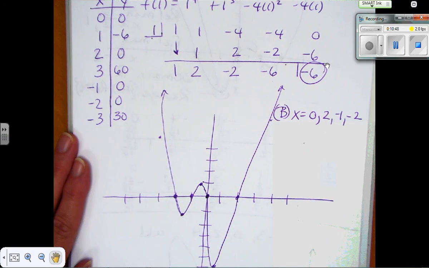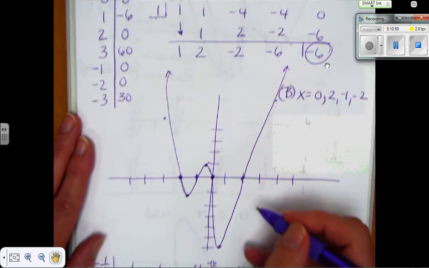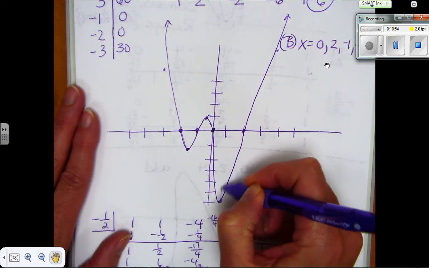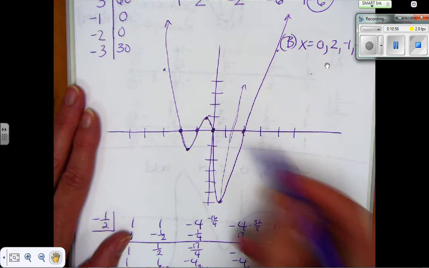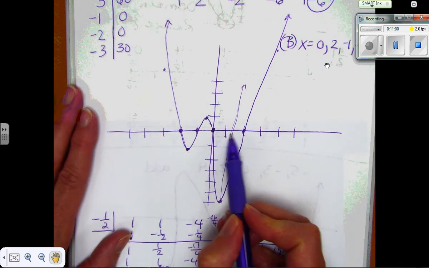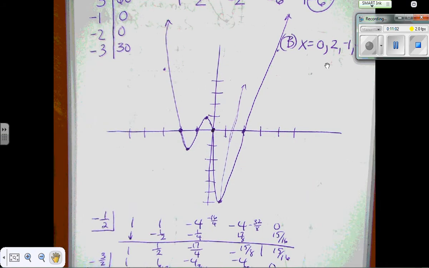That's where it's crossing the x-axis. Now, let's pretend it crosses in between two values instead of right at the 2. That's where you would say between 1 and 2, if it doesn't cross right at that point. Okay?